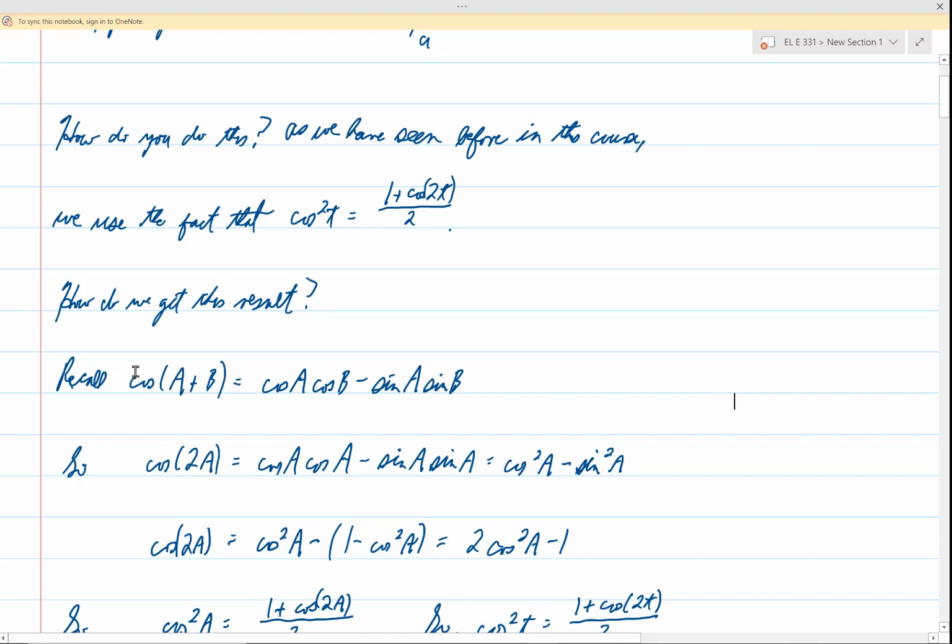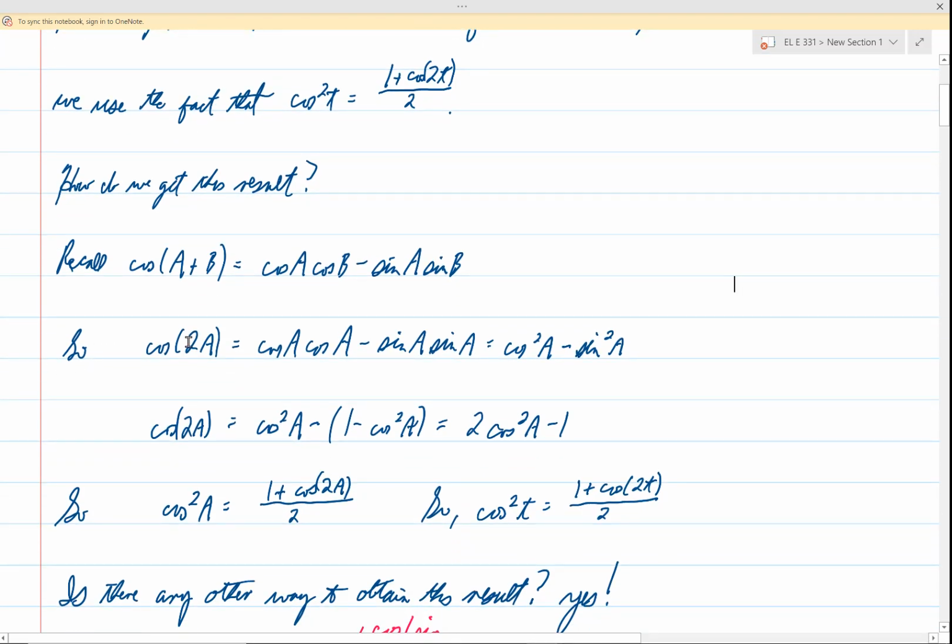You'll need to recall that the cosine of a sum, a plus b, is equal to cosine a cosine b minus sine a sine b. So if you let b equal a, then this becomes cosine of 2a equals cosine a cosine a minus sine a sine a, which is the same thing as cosine squared a minus sine squared a.